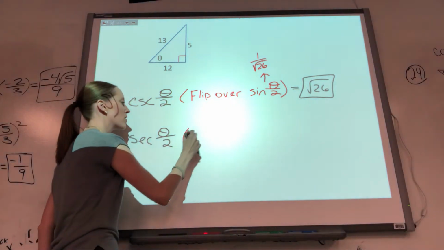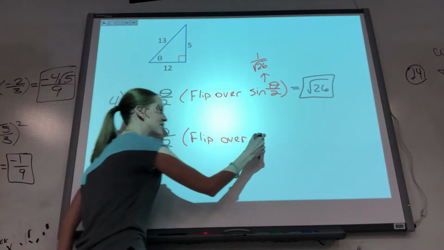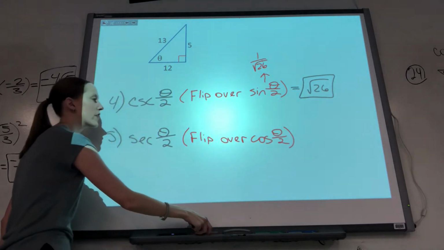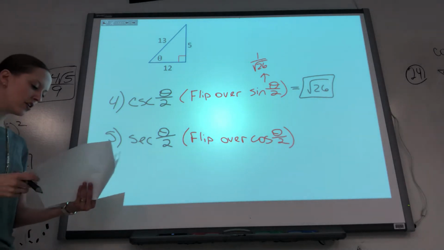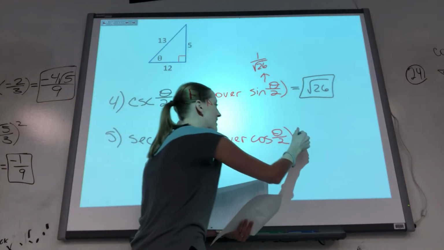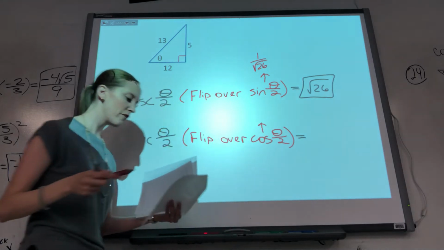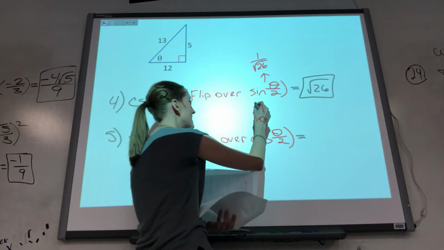Now, secant is the reciprocal of cosine. So here, we're just going to flip over the answer that we got from cosine of theta over 2, but I'm not going to use my final answer. If you used your final answer, you'd be flipping over 5 square root of 26 over 26.